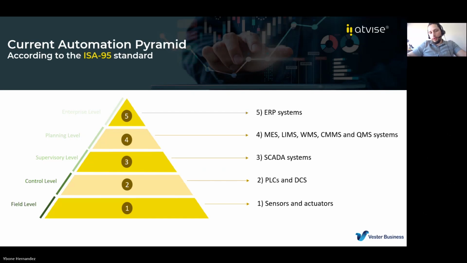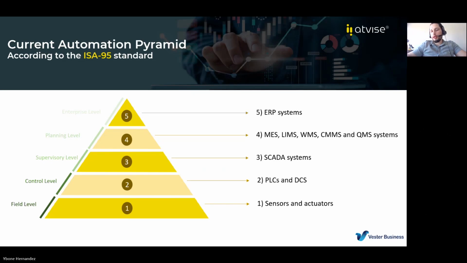So right now, you have probably seen the automation pyramid. In this case, you see that we have 5 levels. All of them have been in the industry for a while. At the beginning, we started with sensors and actuators in order to convert physical signals into digital and analog signals.